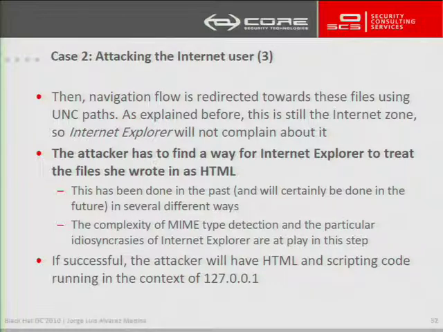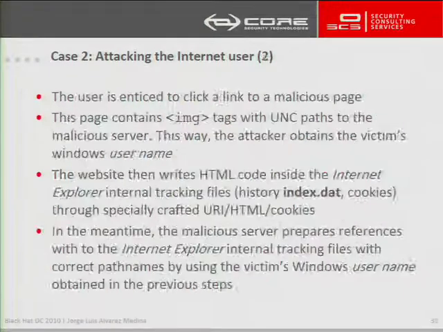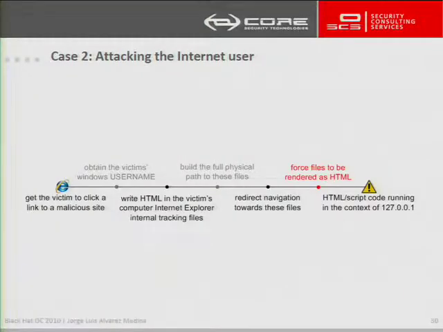This has a lot to do with the complexity of the MIME type detection. And if an attacker manages to perform that, it will have the same impact as the previous scenario, that is, HTML and scripting code running in the context of the victim's local machine, but with internet zone privileges.